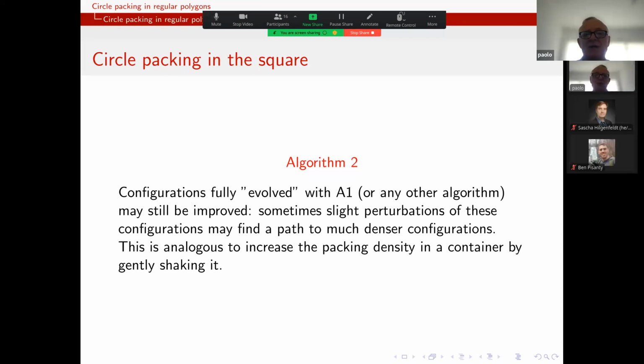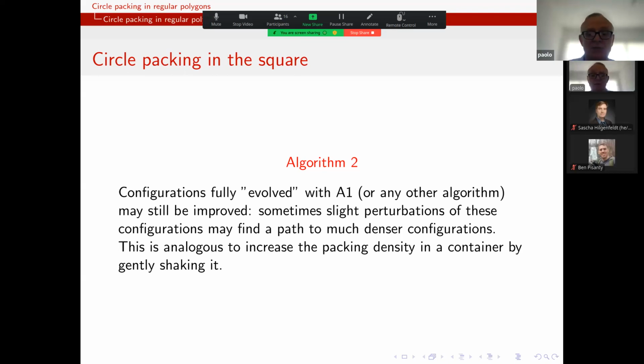And essentially, it makes a shaking or perturbation of this configuration, which has to be not too strong and not too small, but in many cases, when you evolve this perturbed configuration, it may help you to find a denser configuration.